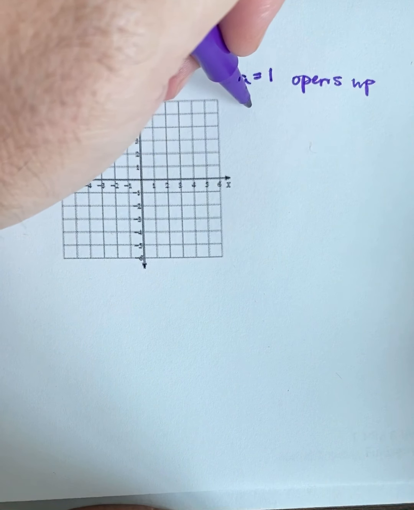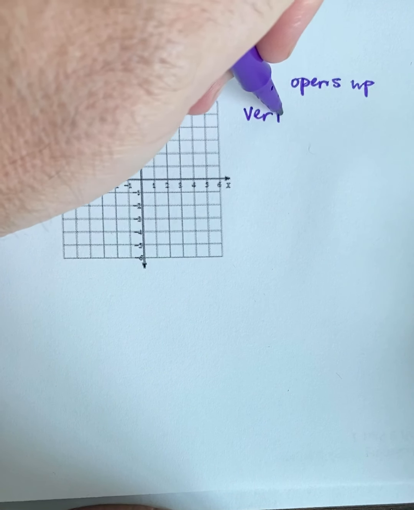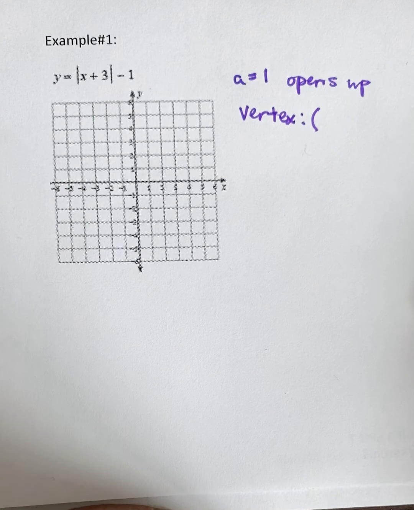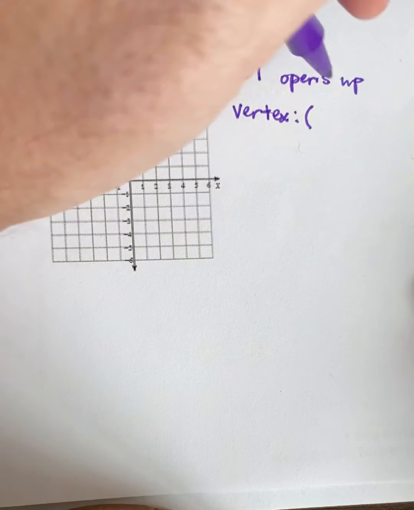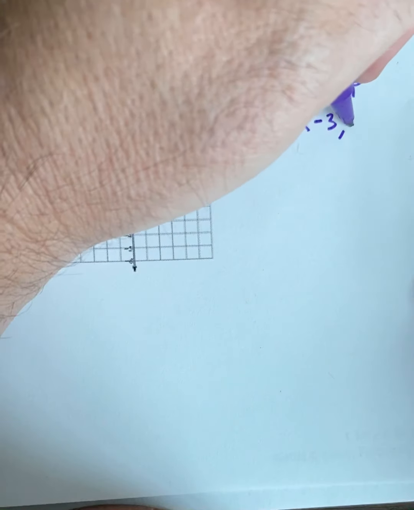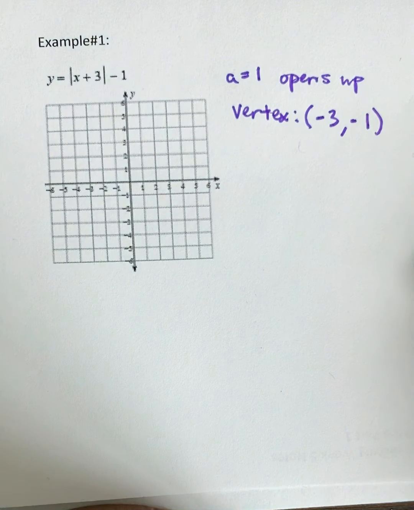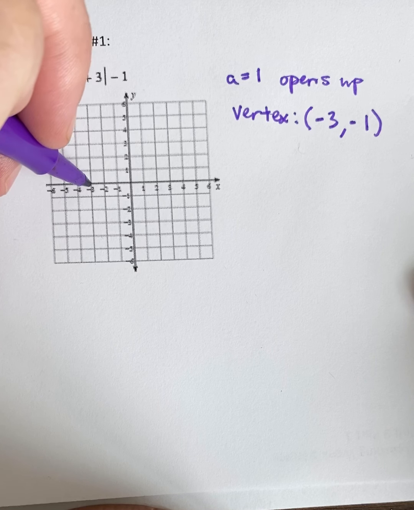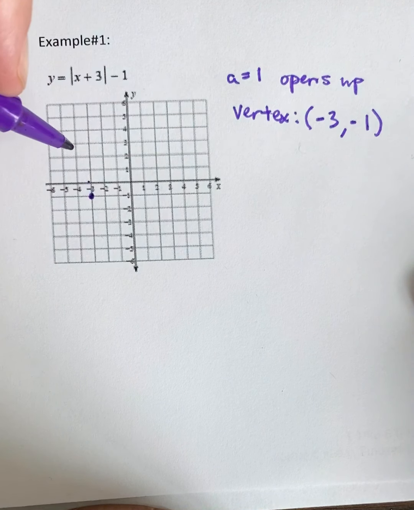The vertex is going to be the opposite of this number, positive 3. So negative 3, comma, negative 1. Let's find that on our graph. That's 3 to the left and 1 down.